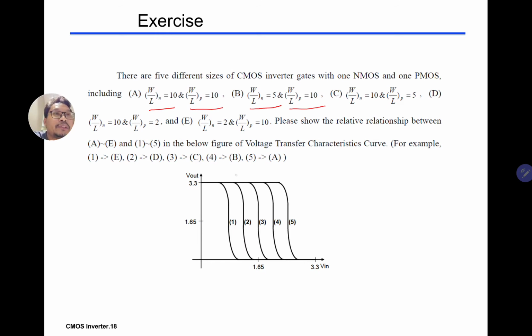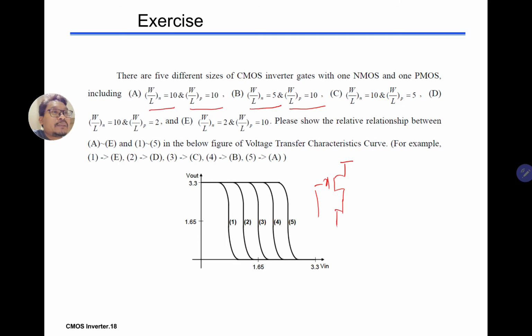So you want to know which one is A: is it number 1, 2, 3, 4, or 5, and which one is B? You want to try to match and see how the relative sizes of your PMOS and NMOS impact your VTC.